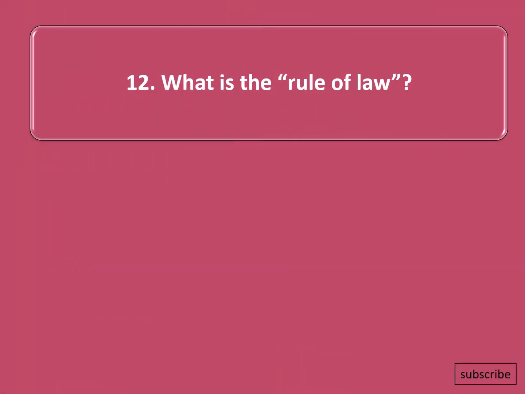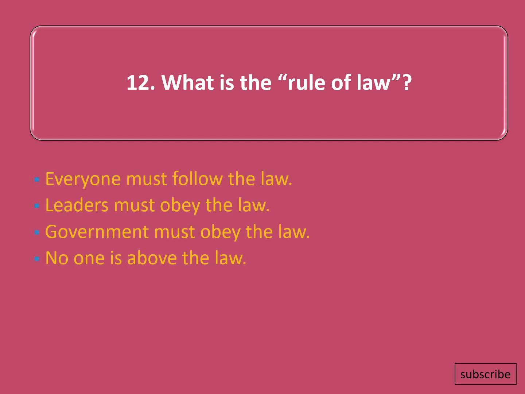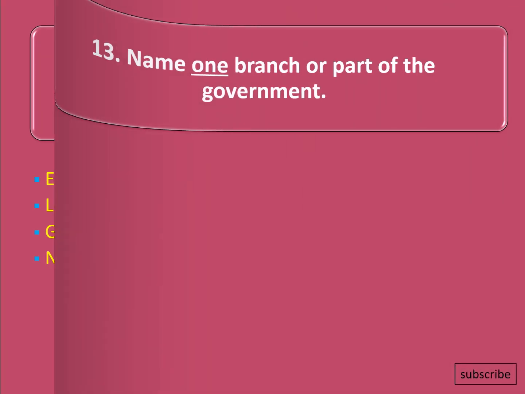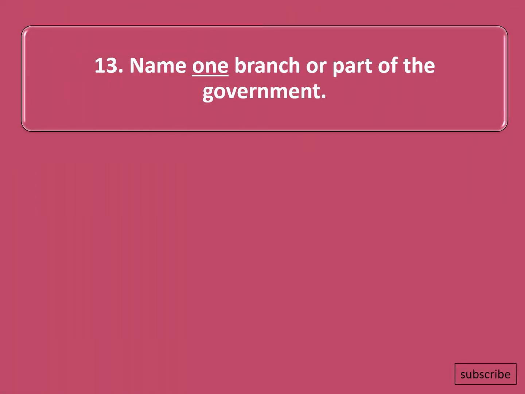What is the rule of law? Everyone must follow the law. Leaders must obey the law. Government must obey the law. No one is above the law. Name one branch or part of the government. Congress.